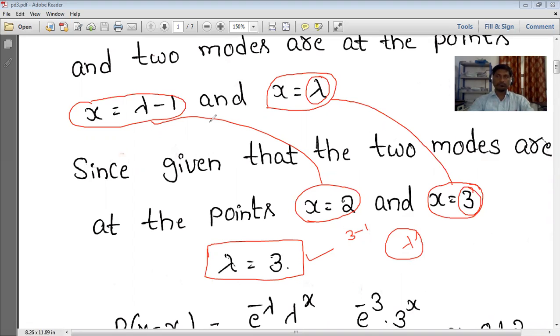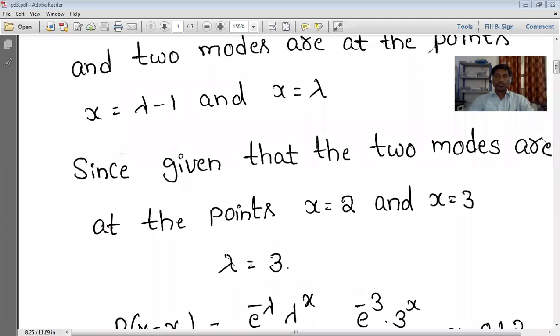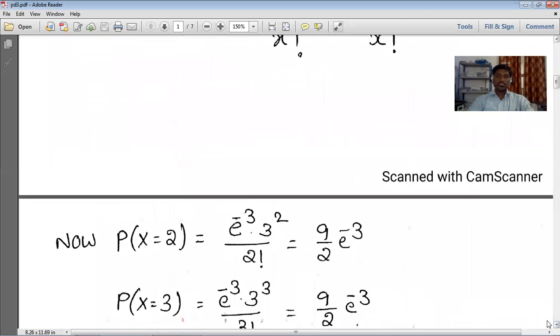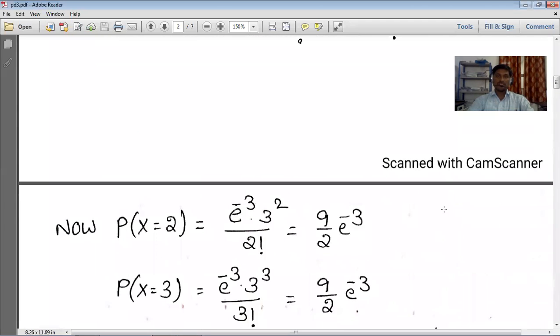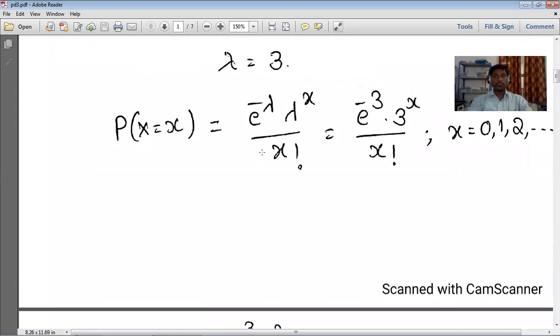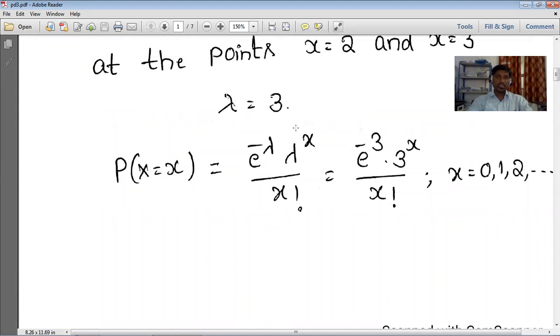Next, P of capital X is equal to small x, which is equal to e power minus lambda, lambda power x by x factorial, and we substituted 3 in place of lambda. Why? Because we got the value of lambda here.